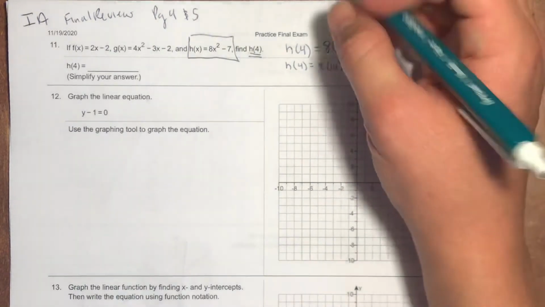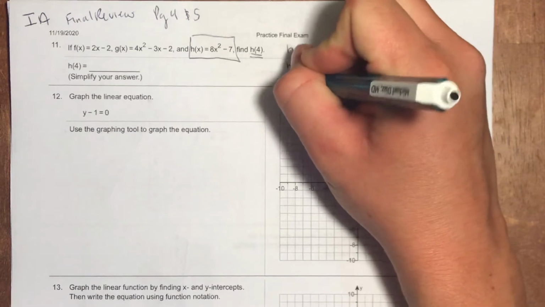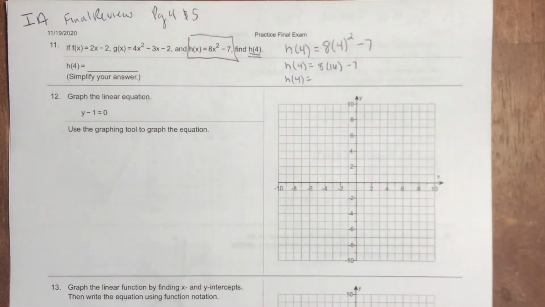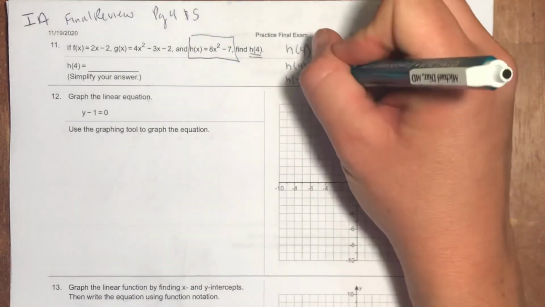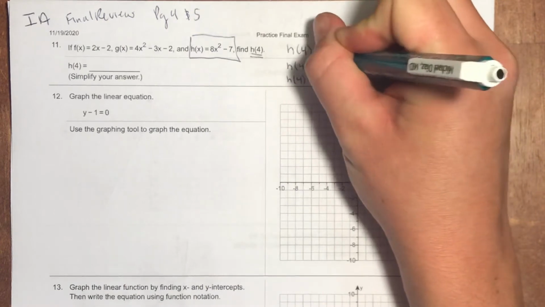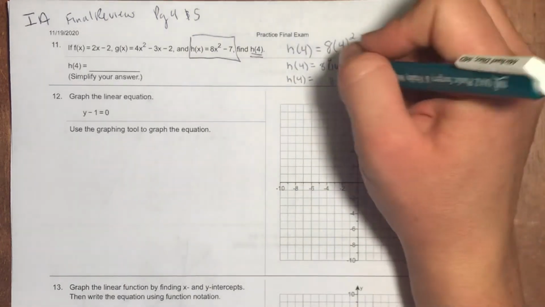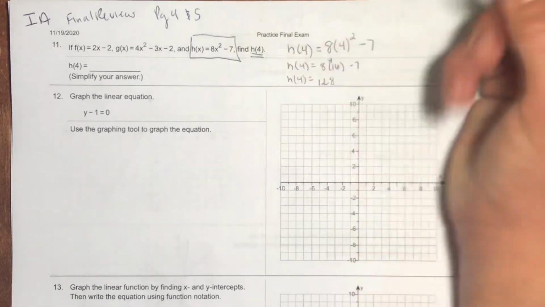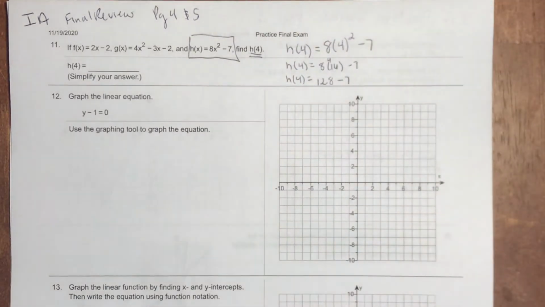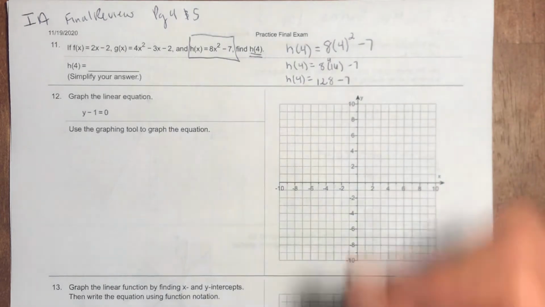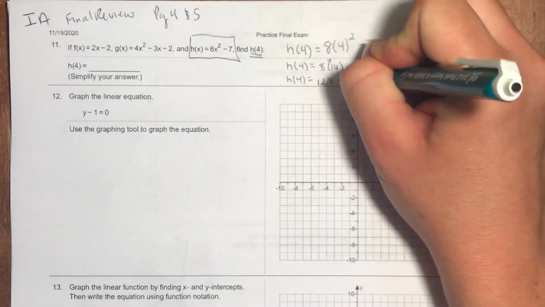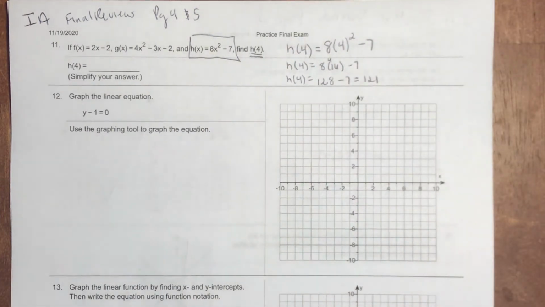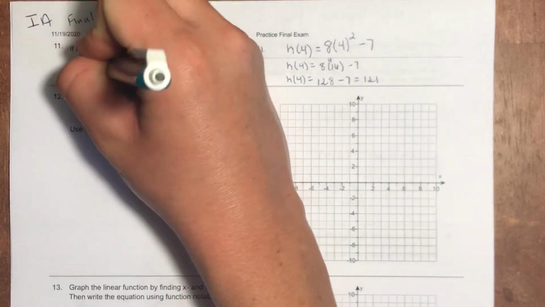Okay, then we do multiplication, so h of 4 is equal to, so let's see, 8 times 6 is 48, 8 times 1 is 8, plus 4 is 12, and then minus 7, 128 minus 7 is 121, so h of 4 is equal to 121.